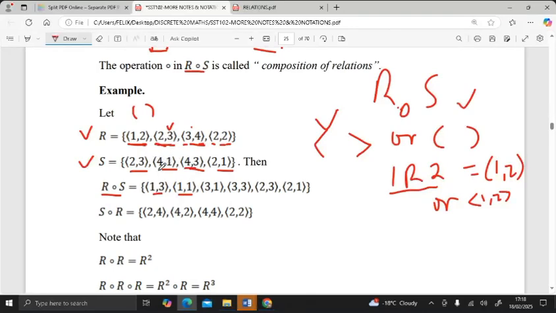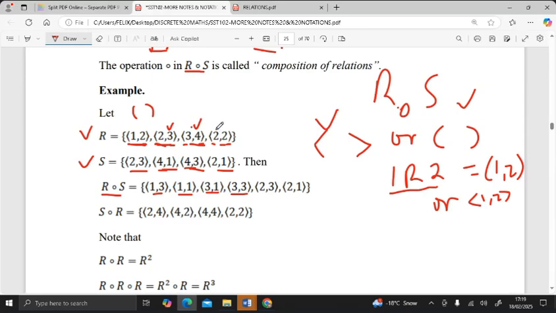We have these two members of S. So we have 3 R related to 4, and 4 S related to 1, so we have 3, 1. Then 3 R related to 4, 4 S related to 3, so we have 3, 3. There is none other that starts with 4 here, so we are done with that.